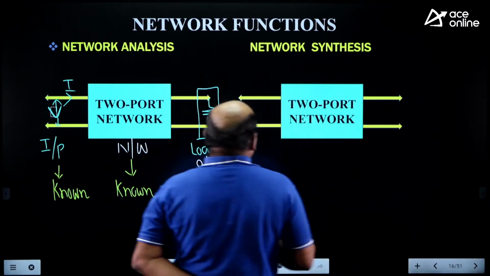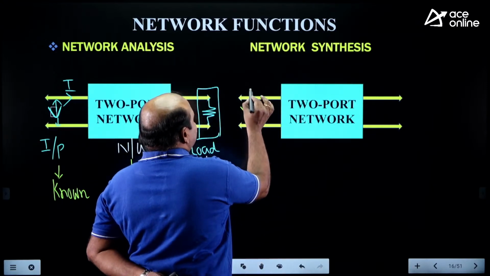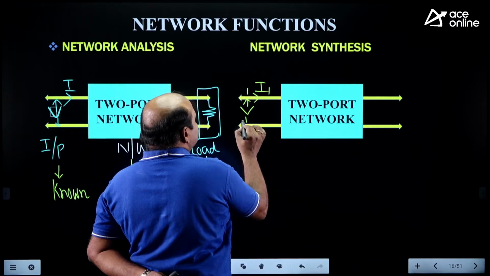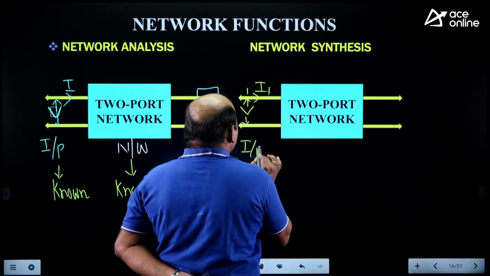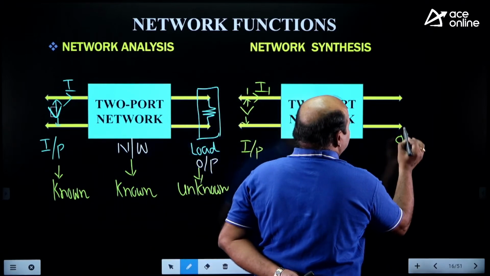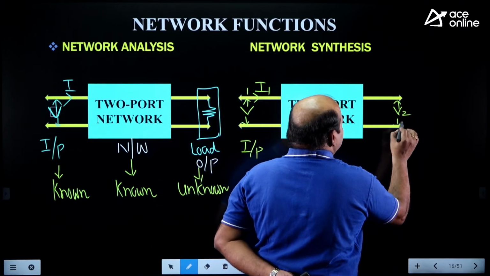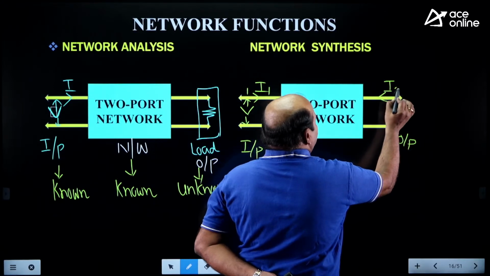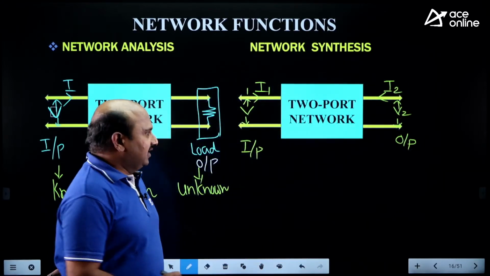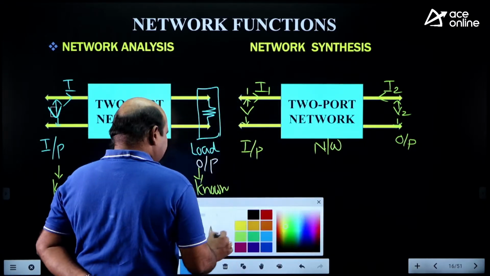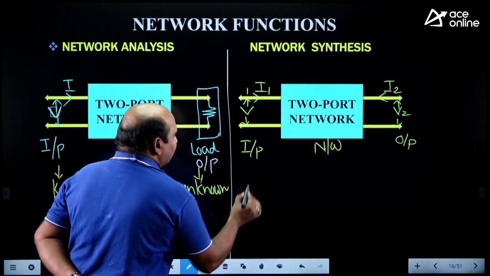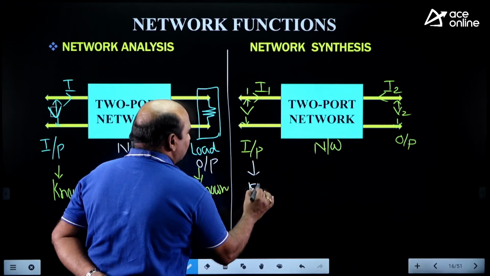Now, while coming to network synthesis, network synthesis means this is the input and this is the output. Input and output. Are you getting? And this is the network. Let me consider that here. This part, this is known.